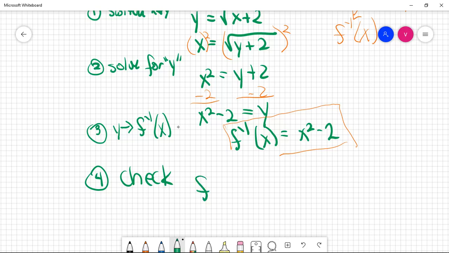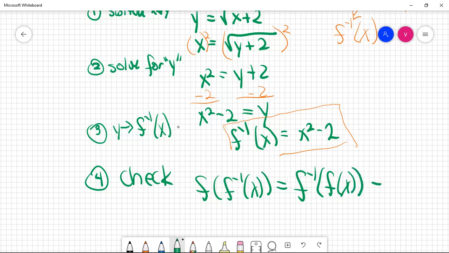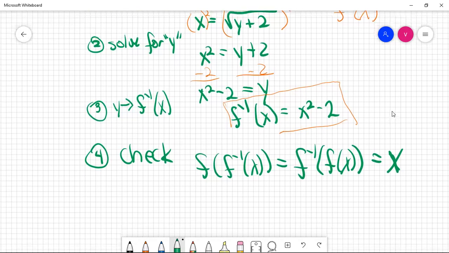That means f of f inverse of x is also equal to f inverse of f of x. The answer you should get is x. So either composition, you can do f of f inverse of x or f inverse of f of x.